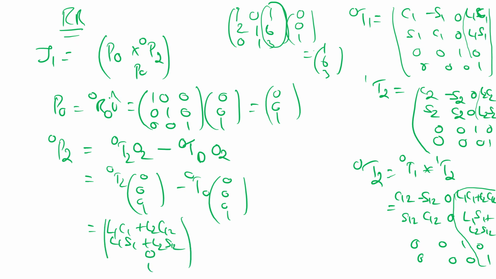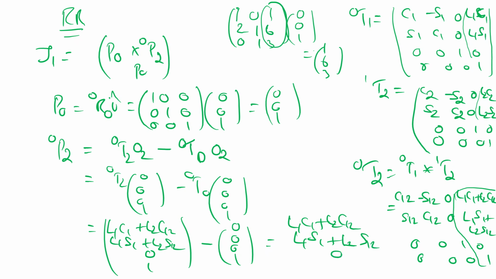Similarly, the last element is 0 0 0 1. When you subtract, what is the answer? L1 C1 plus L2 C12, then L1 S1 plus L2 S12, then 1 minus 1 is 0. Okay, so now we have got everything.